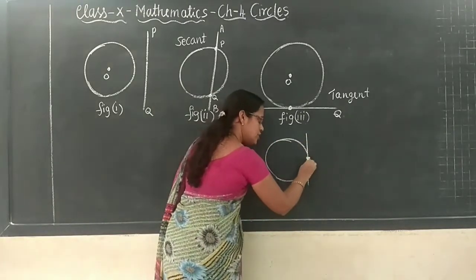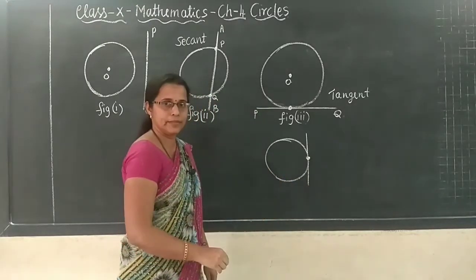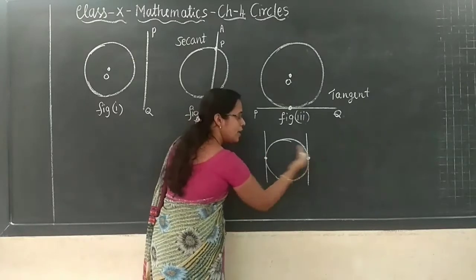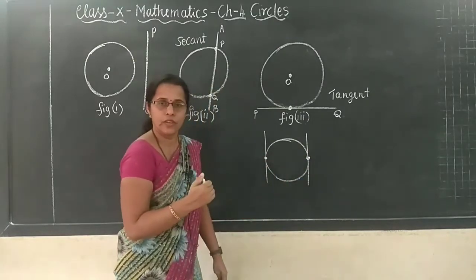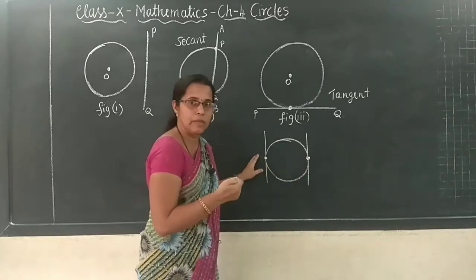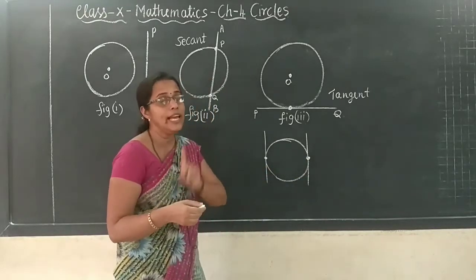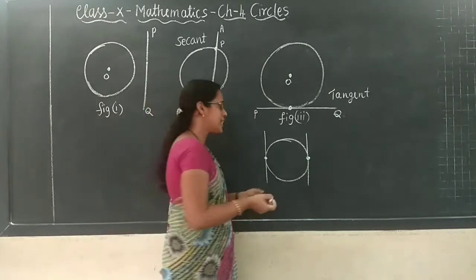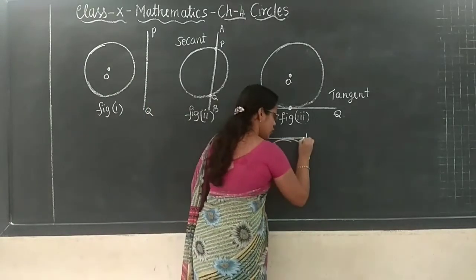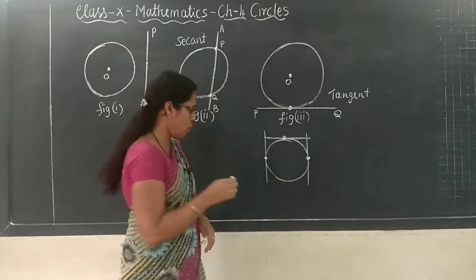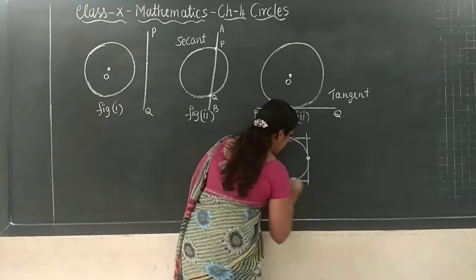If I draw another tangent here, it is parallel to the other. Parallel tangents, see, like this you can draw. So how many tangents can be drawn? Like this also you can draw. This is also a tangent, touching the circle at only 1 point. Even this is a tangent.